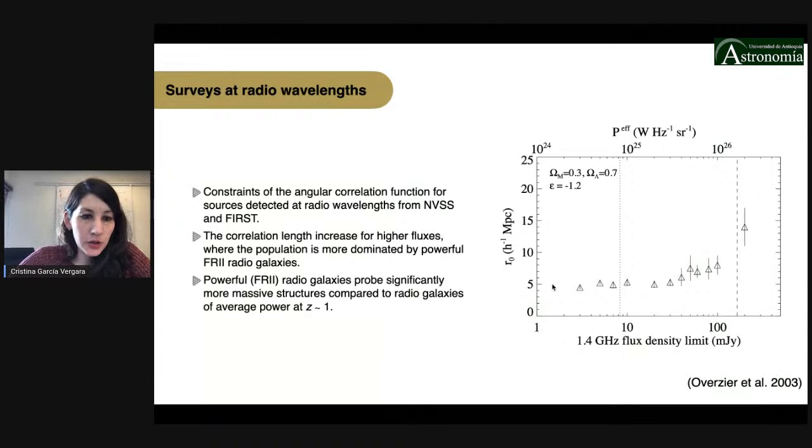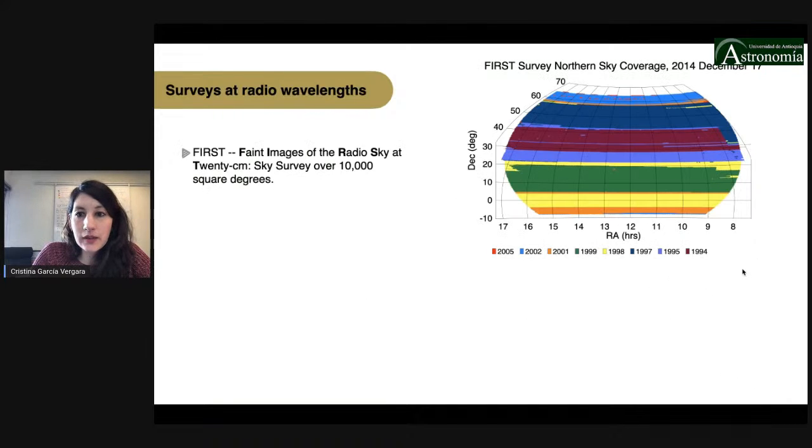But they also find that at higher fluxes, they have an important increase of the clustering for the sources. Then the interpretation of this is that the faint part of the population is more dominated by not so powerful radio galaxies, and the bright part is more dominated by the more powerful radio galaxies.